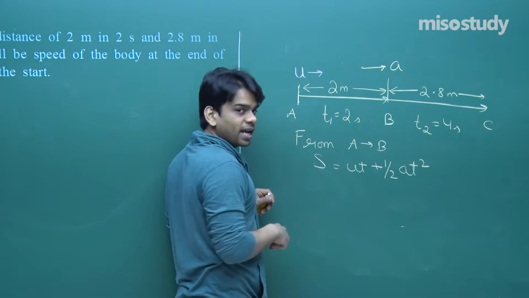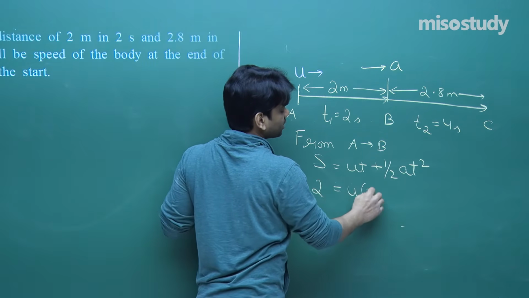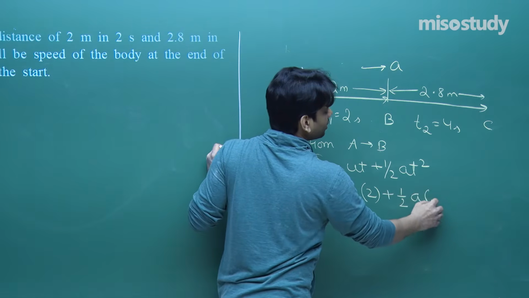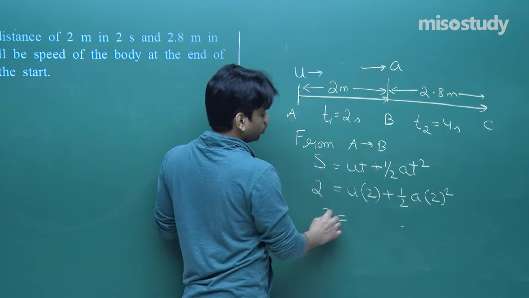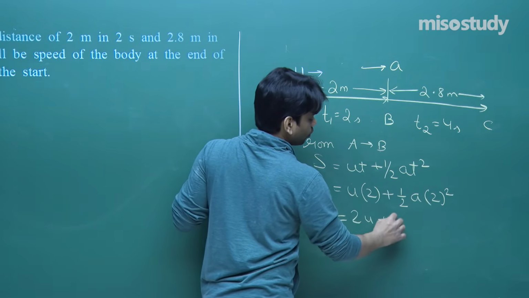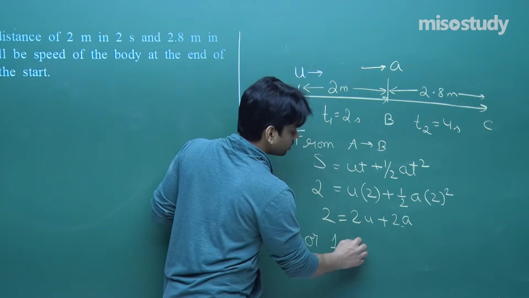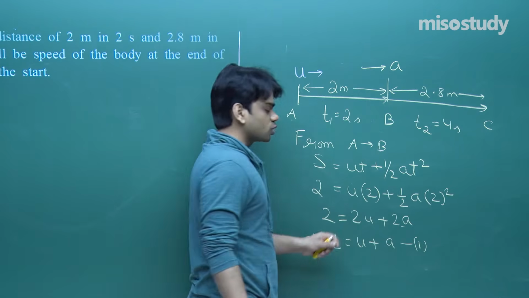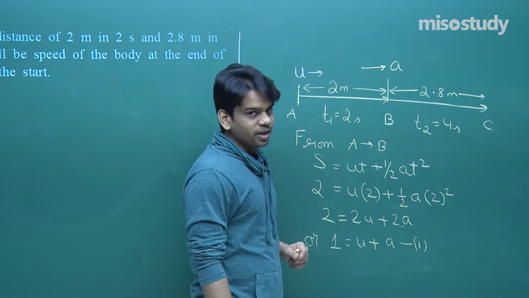This is what we can write down. S is 2, u we don't know, so keep u as it is, time t is 2 plus half a t square, that is 2 square. So you will be obtaining 2 is equal to 2u plus 2a, or 1 is equal to u plus a with proper units. 1 equals u plus a, this is the first equation. a is the acceleration, u is the initial speed that we have taken.